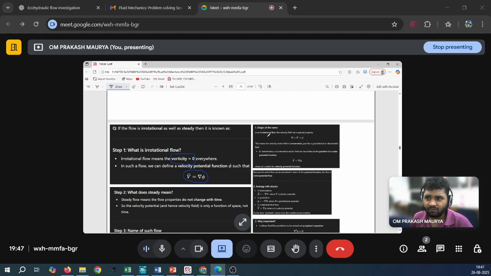In irrotational flow, the velocity field has a special property, which is that the divergence of velocity is equal to 0. This means the velocity vector field is conservative, just like the gravitational and electrostatic fields, as you have studied in your mechanics, or you can say in your 12th class.